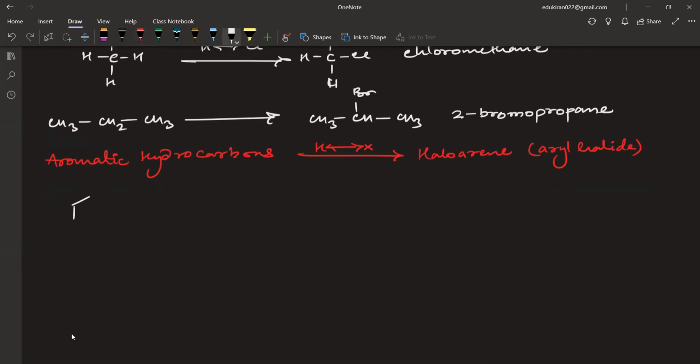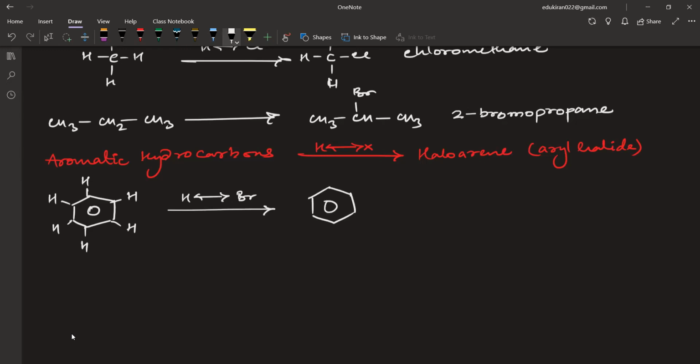You can write some examples. For example, you have, see, all of these carbon atoms will have hydrogens, right? C6H6. All the other hydrogens are intact. We have just replaced this one hydrogen with bromine. We will name this as halo arene.